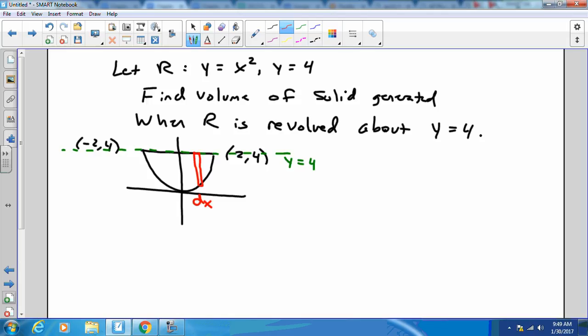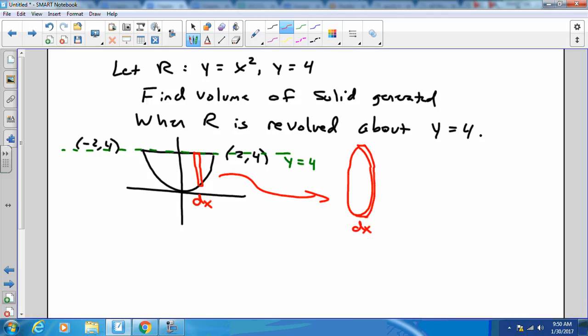And in particular, going back to our Riemann sum idea, I could take a bunch of disks on the outside, take a bunch of disks on the inside, and use those to estimate the volume and do the limit. But in practice, I'm going to take one of my disks and examine it like this.